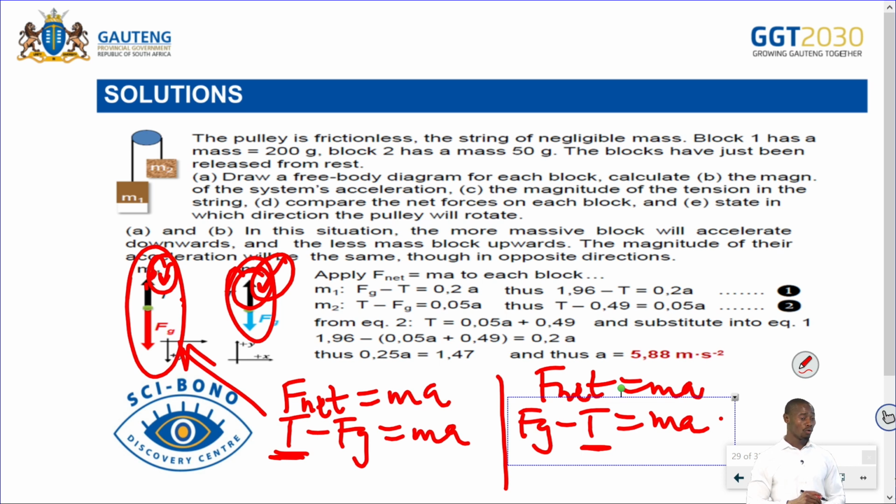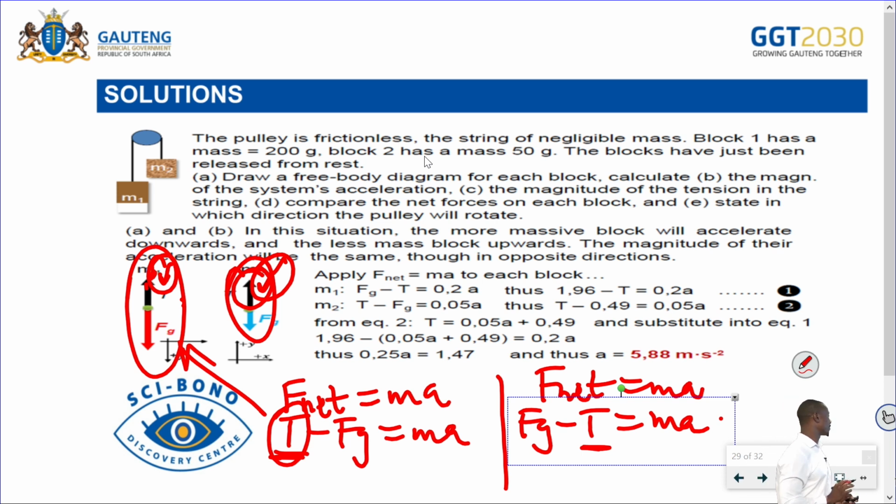And it shouldn't be 9.8. So it would be 9.8 if you took up for both free body diagrams as positive. But in this case, you can see your tension is positive here. Here it is negative. So that's what you need to do when you get a scenario like this one.